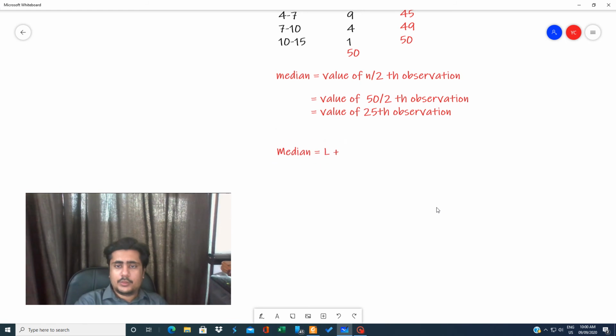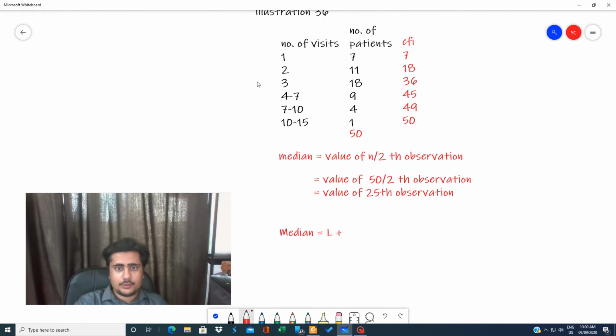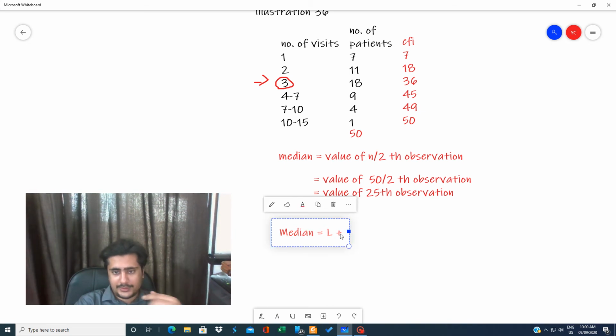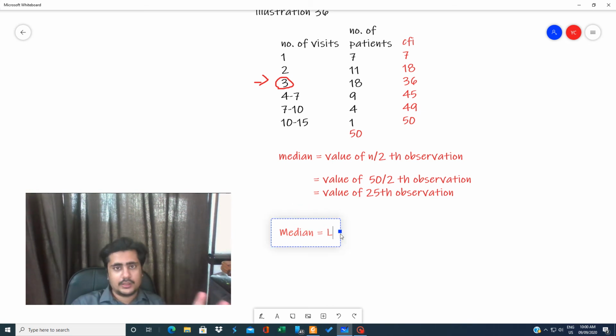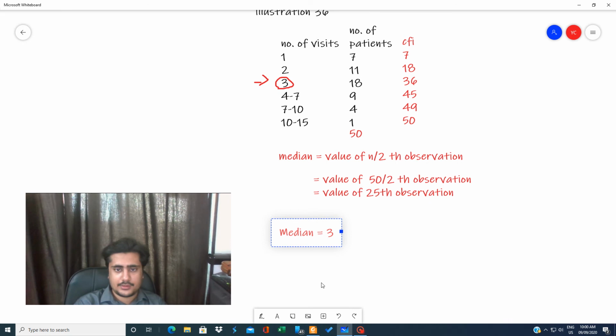So where does this 25th observation fall? It falls here, at 36. As I told you, opposite this CF, whatever the figure is, that is your median. No need to calculate L plus and all those things. Your median is 3.